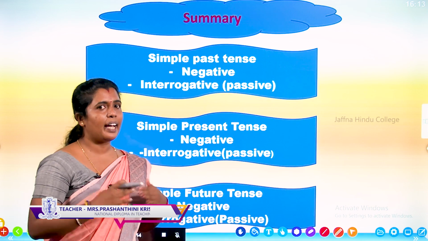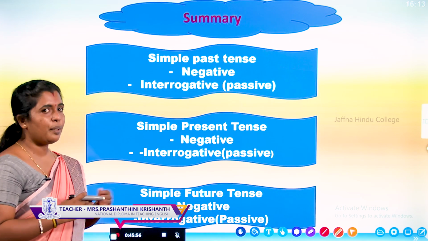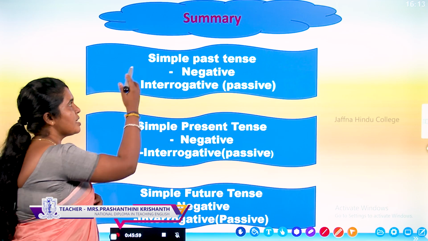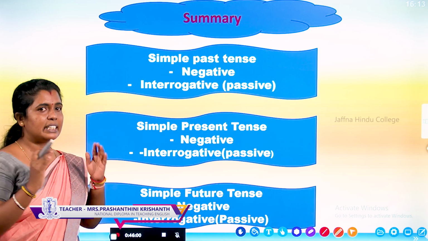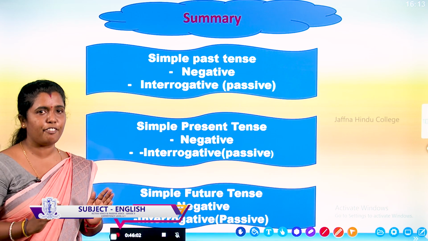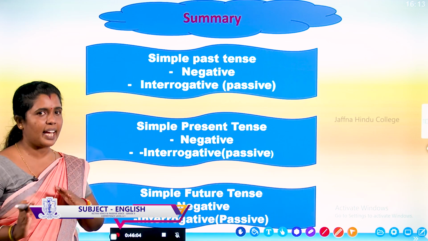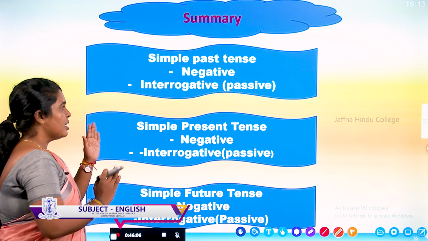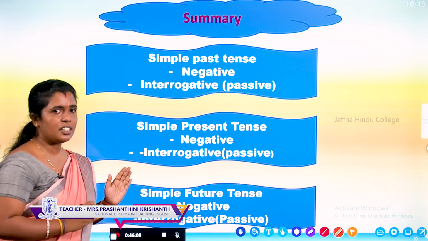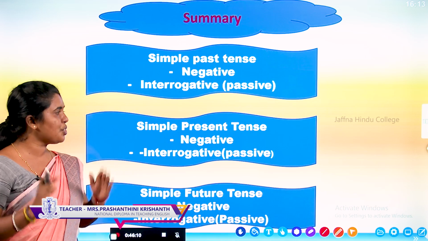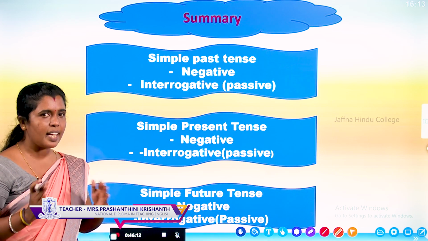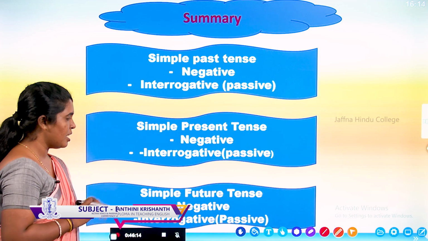So now we are at the end. The summary we learned today. See this one, simple past tense, negative and interrogative form, both active voice and passive voice. After that, simple present tense, negative and interrogative form, both active voice and passive voice sentences.